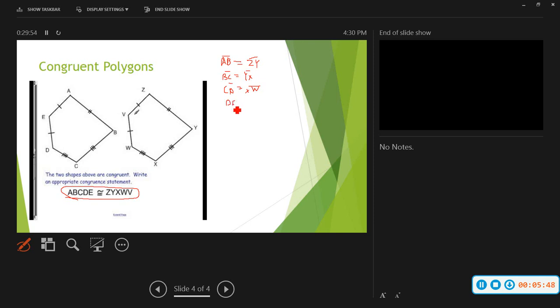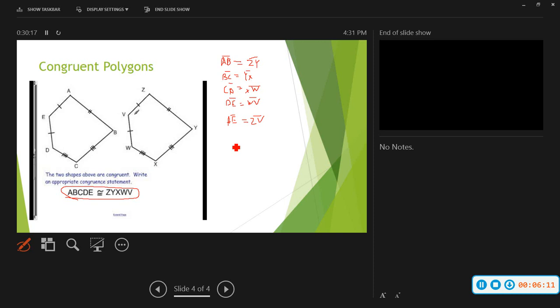DE would go with WV. And then we'd have to take the first and last terms to connect the AE here, so that we get AE, first and last. First and last on this other one would be ZV.